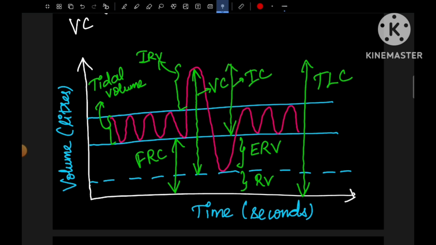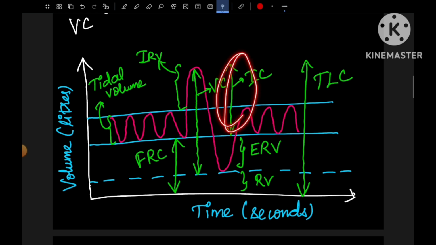So what does it include? It includes tidal volume, yes, this is the tidal volume, plus this IRV. So IC is equal to IRV plus TV. Okay, so this is the formula.